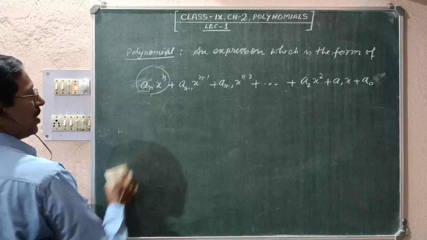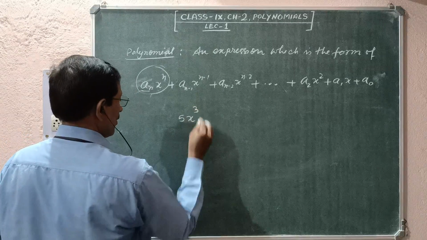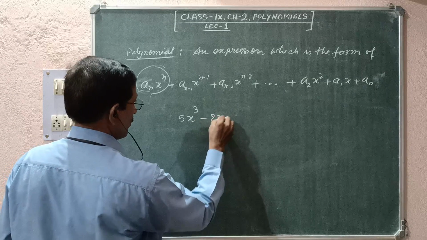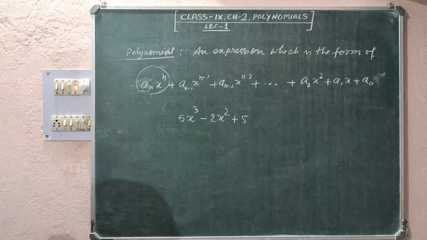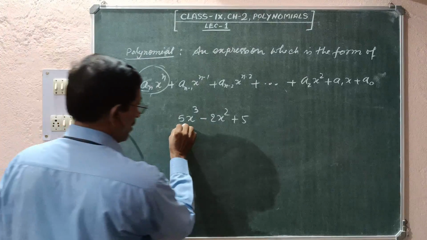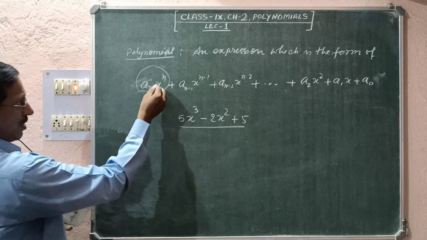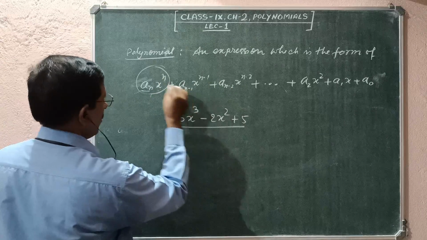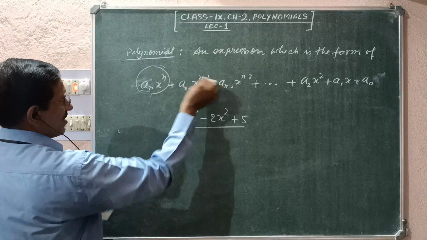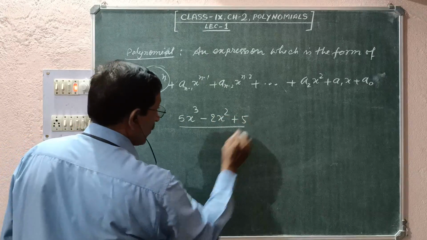Now we write, suppose, 5x to the power 3 minus 2x square plus 5, like this. So this is a polynomial, and it is in this form, because the power of the variable is in descending order, and it is descending by 1. That means 3, 2 and 1.